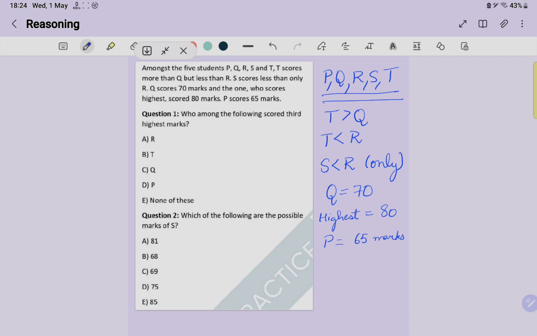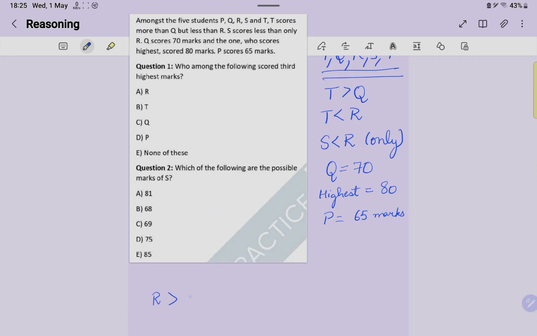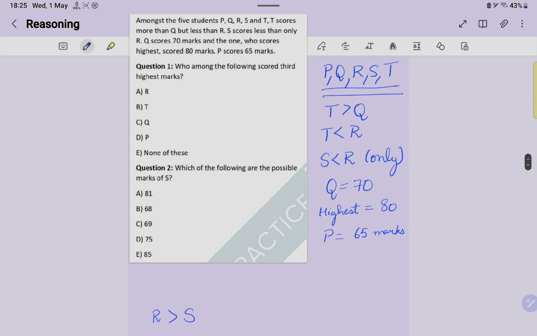Now if I go through this ranking, the first thing is that T has greater marks than Q, whereas T has less marks than S, and S only scores less marks than R. So if S scores only less marks than R, that means R will be on the topmost position, followed by S, then here comes T, and then Q.